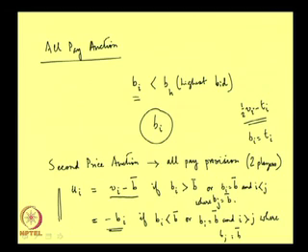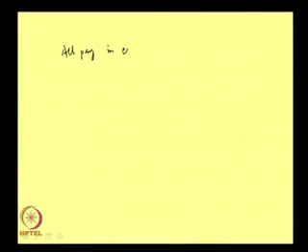Now, this is one interesting thing, and the second interesting thing is that if I apply this idea of all pay in case of first price auction, then what is the equilibrium that emerges from here?